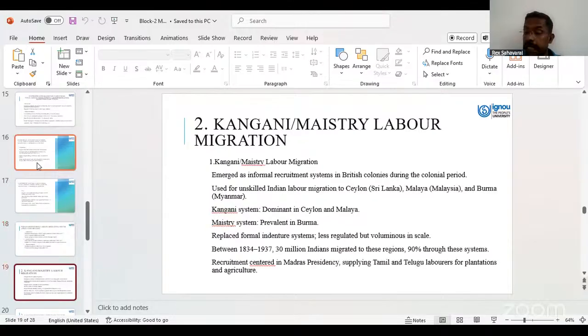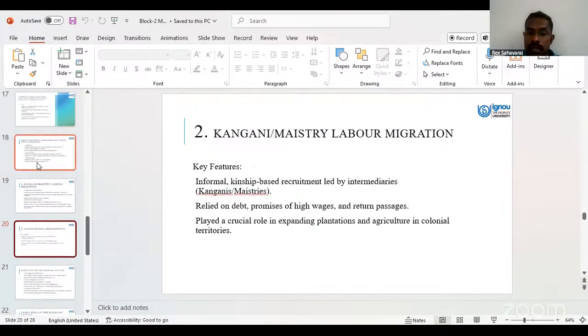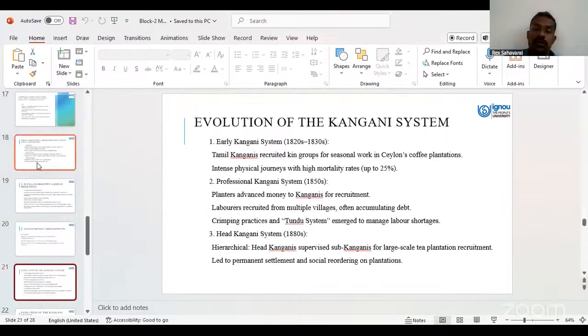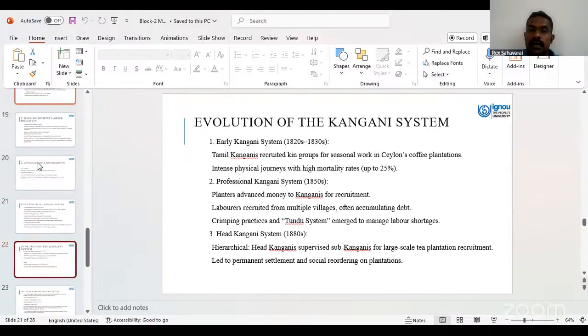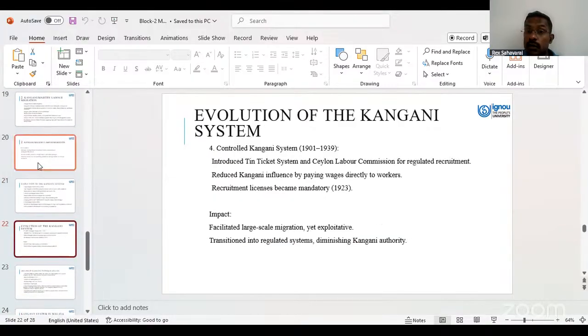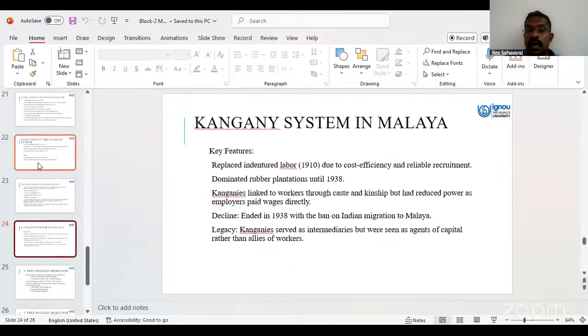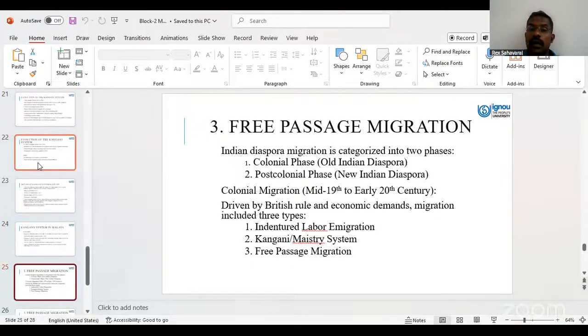Then the Kangani system, which is slightly different from indentured labor, in various countries, especially in Southeast Asia, like Malaysia, Singapore, and Sri Lanka, the evolution of the Kangani system, and the Kangani system in Malaysia.